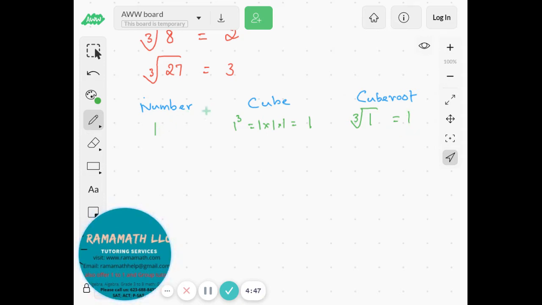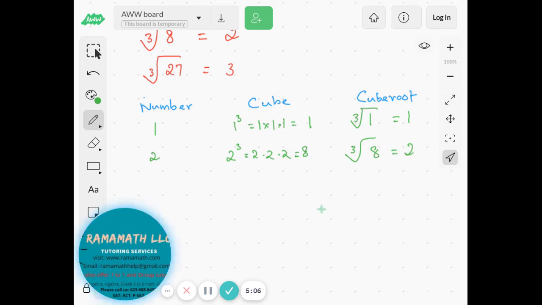See, the 1 came back again. And then let's say number 2, cubed, just 2 times 2 times 2, which is 8. And then if I take the cube root of 8, that's going to be 2.